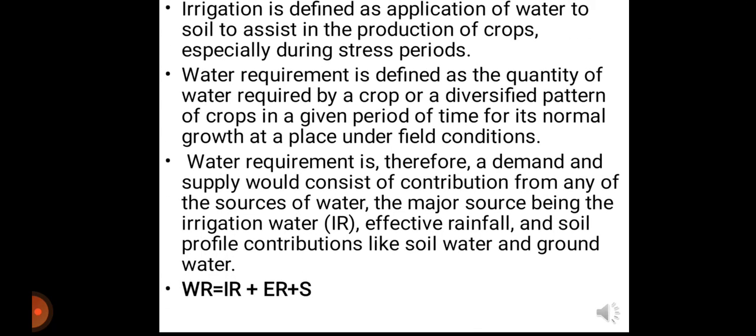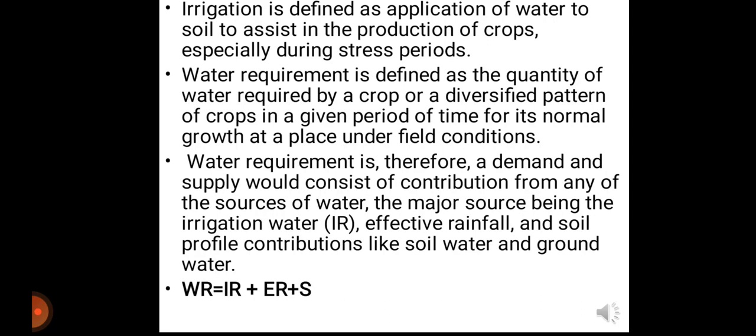Water requirement is therefore a demand, and supply would consist of contribution from any of the sources of water, the major source being irrigation water, and also effective rainfall and soil profile contribution like soil water and groundwater.